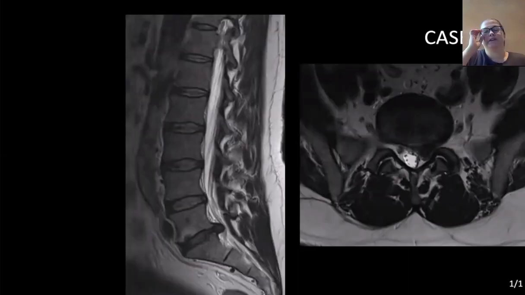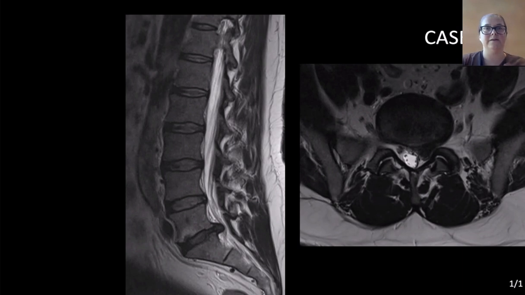All right, lumbar spine degenerative change. This is a classic case that's going to come across your desk thousands of times a year probably. We've got a nice sagittal T2 and an axial T2 image. You've got a large disc, and you don't like what it's doing to the nerve root.